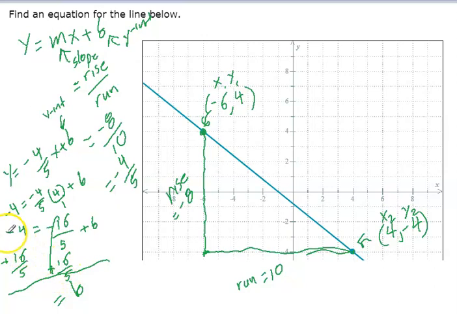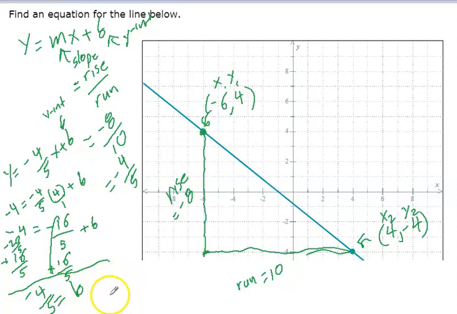But before we can take this -4 and add in 16/5, what we need to do is change this to fifths. So that would be equivalent to -20/5. So -20/5 plus 16/5 would be -4/5.